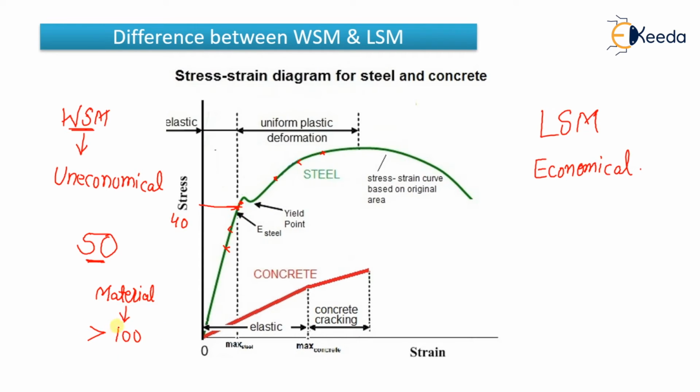So you are underestimating the strength of that particular material. It has the capacity of 100, but you are not allowing it to go beyond this point, and you are allowing it up to, let us assume, 40. So below 40 only you will design that. So you are not using its full strength.